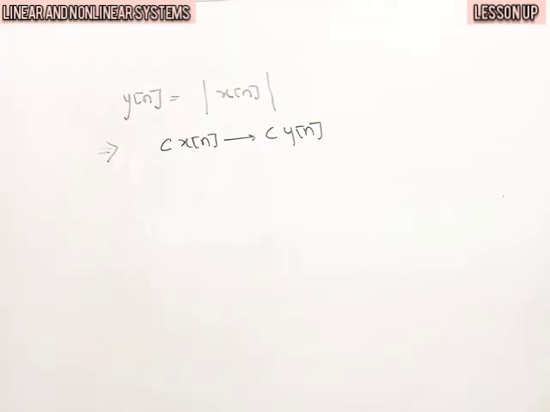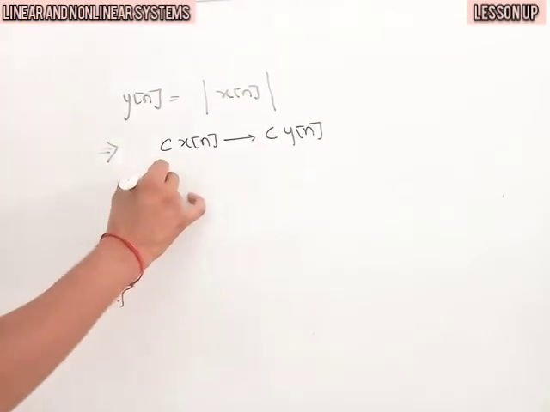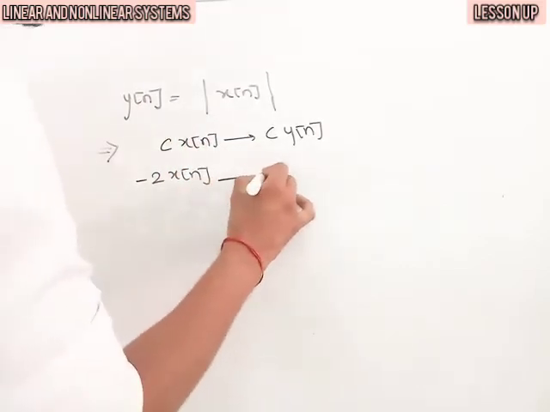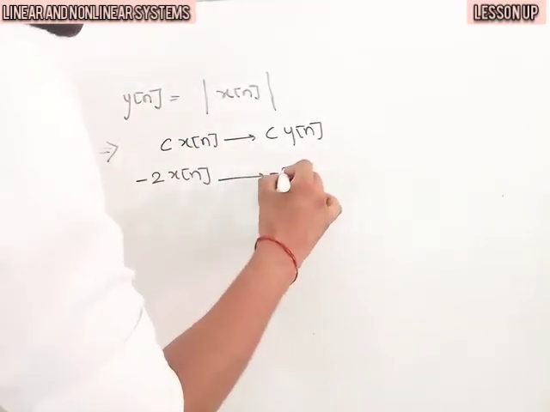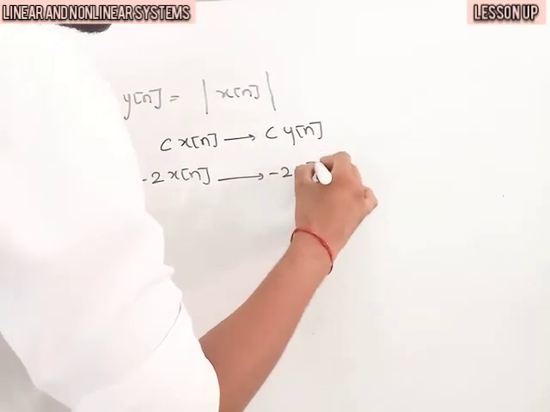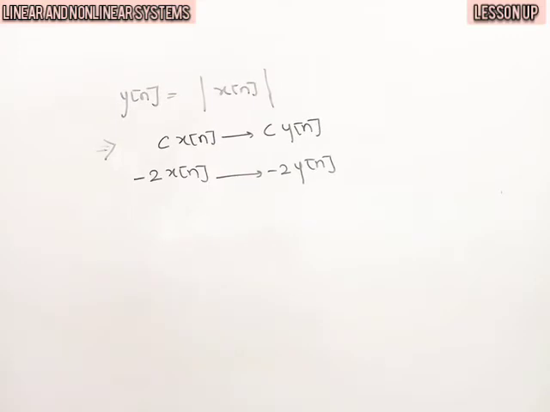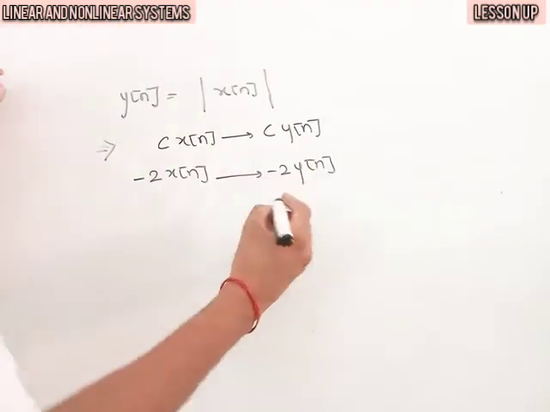So, suppose we are giving input minus 2 x of n. This should give minus 2 y of n. We will check whether we will get this equation or not.